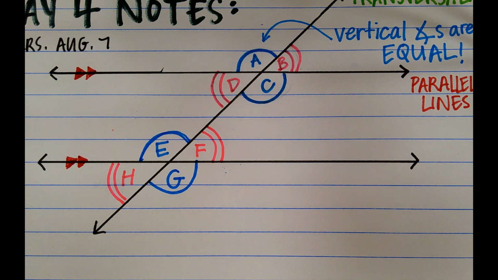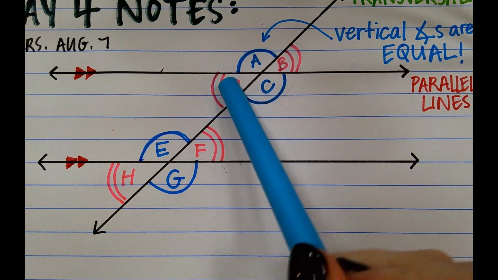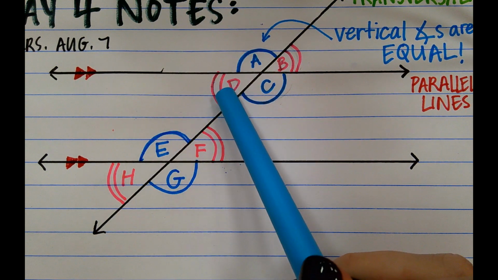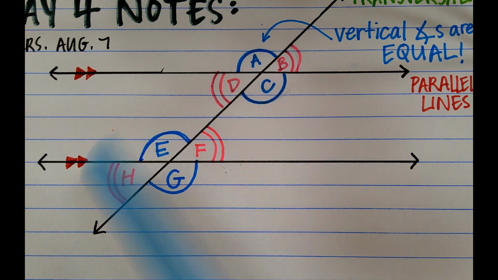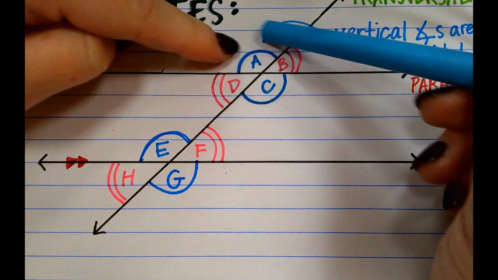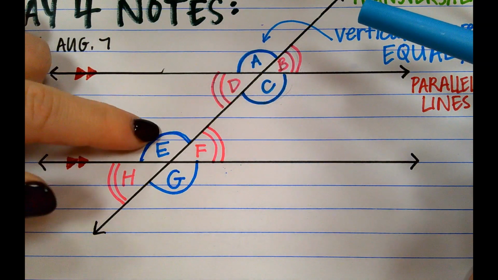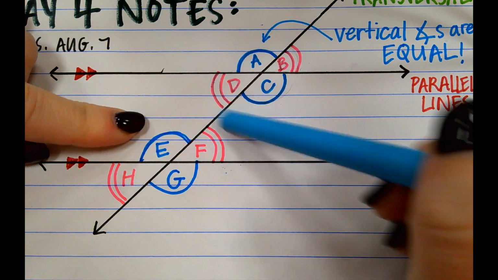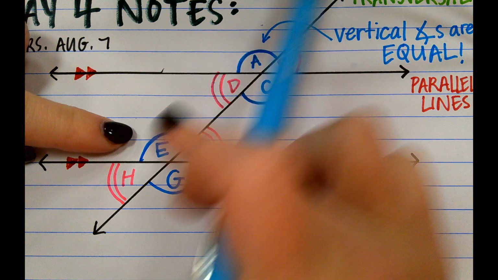So, angles that are across from each other are equal, and angles that are in the same position are equal, even if they're in different spots. Notice how angle A is the first one in this group of 4. Angle E is the first one in this group of 4. They're in the same position, just shifted down.